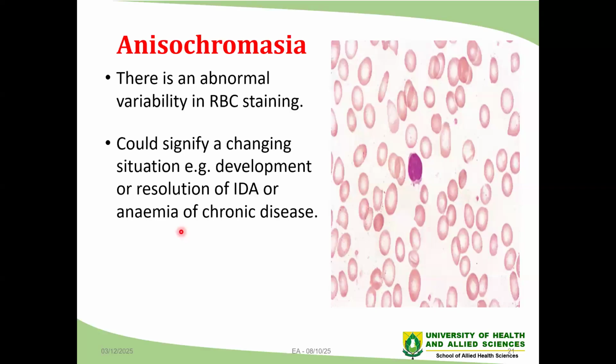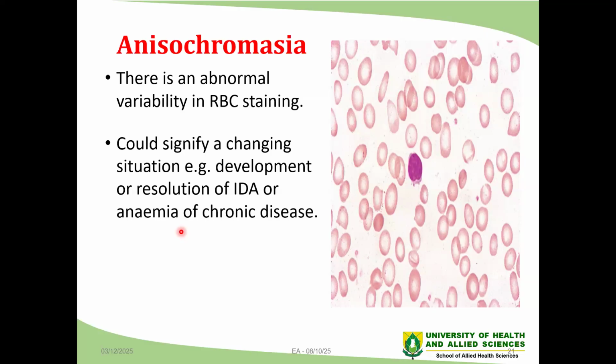So sometimes this kind of change may indicate a dual population of red cells. For example, when someone gets transfused, or someone probably having been diagnosed to have a nutritional deficiency, and the person is now put on some hematinics to correct the anemia.